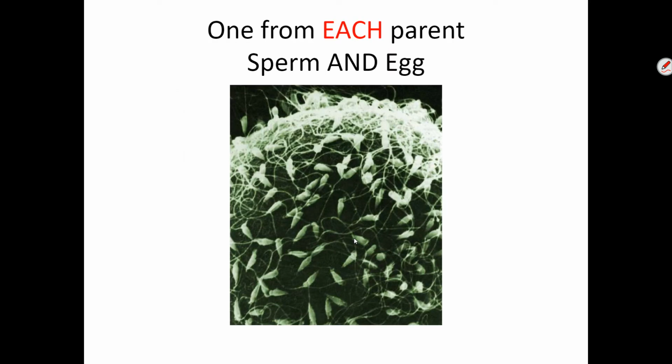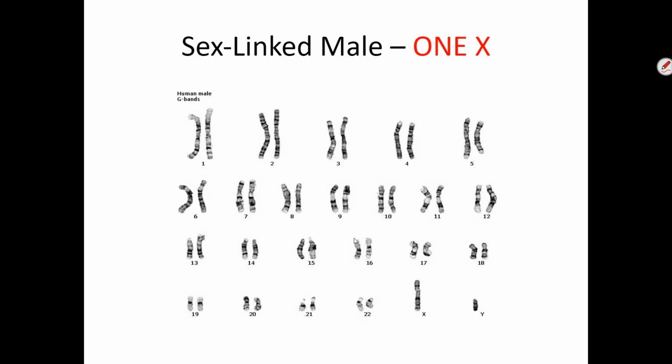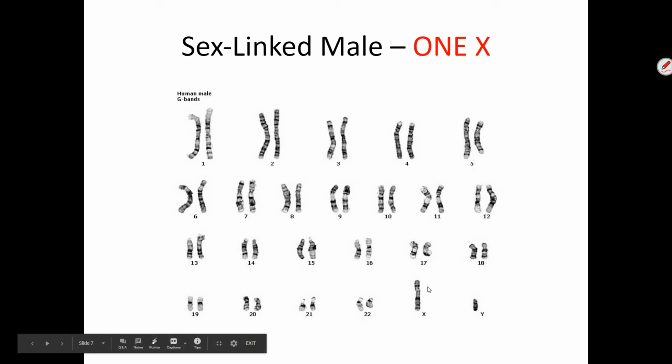So a couple other things can happen from this. Well, let me go back to this picture. If a gene is located on the X chromosome, or let's say that a disorder is located on the X chromosome, and it's a recessive disorder, a male is more likely to express that disorder because he only needs one recessive allele in order to show it.